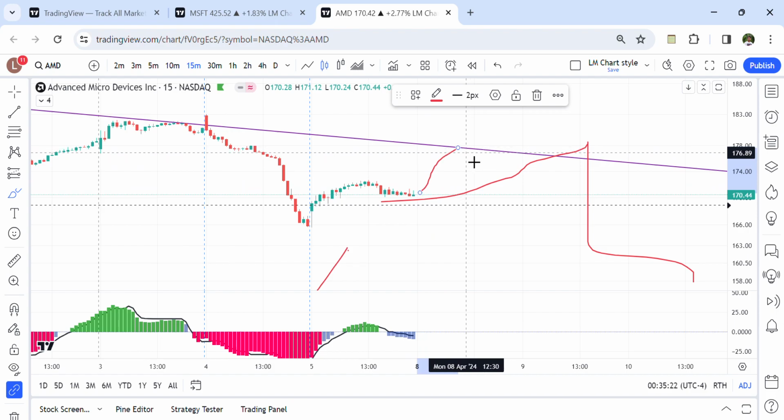I said that here on the 4 hour chart, so it may come quickly.